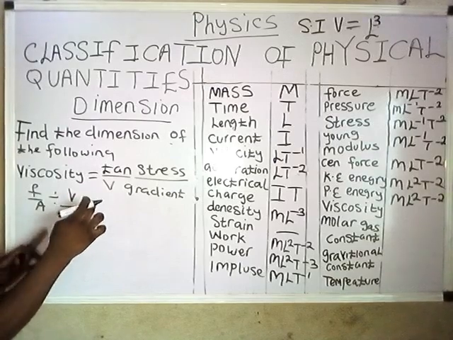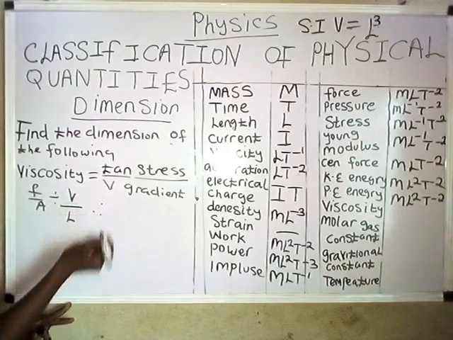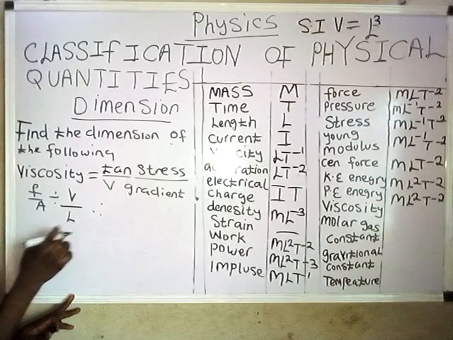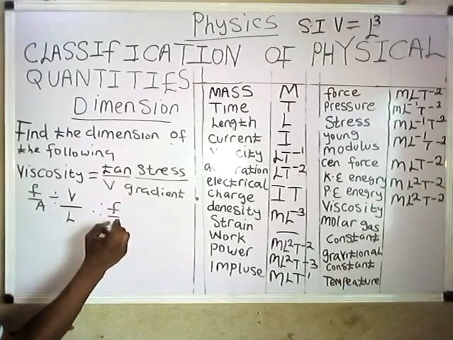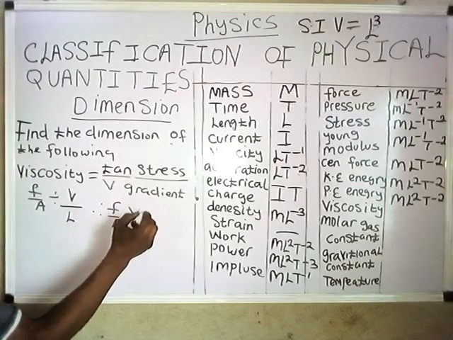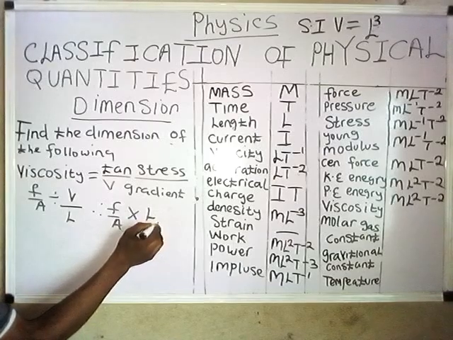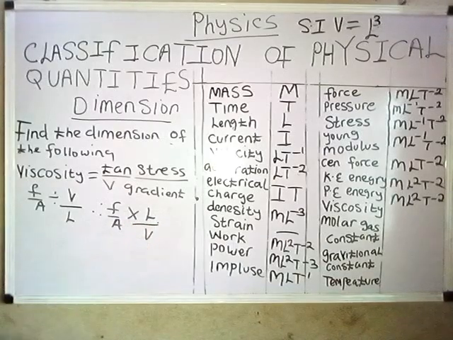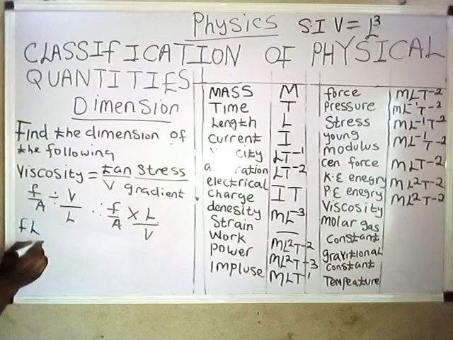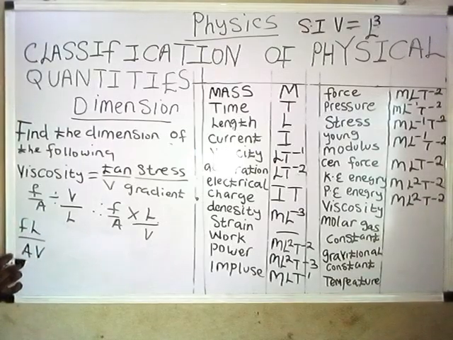By turning this upside down, we introduce a multiplication sign, so we have F over A times length over V, which is force times length over AV. Force over area is stress.